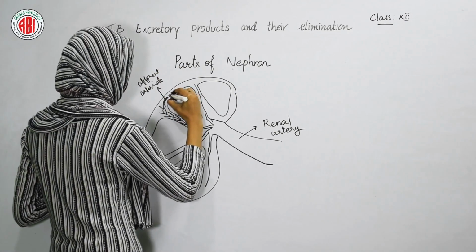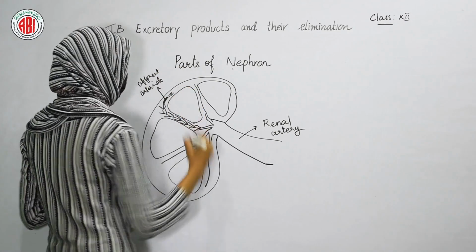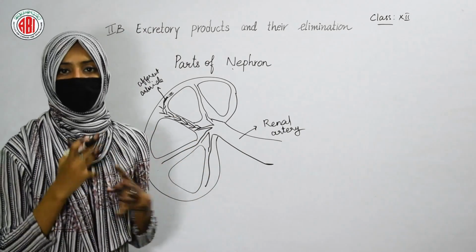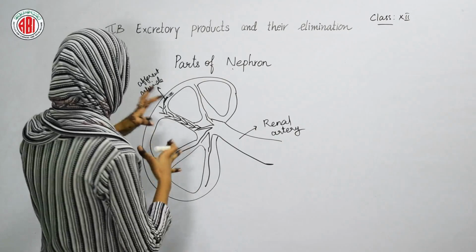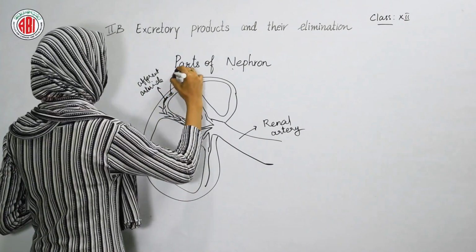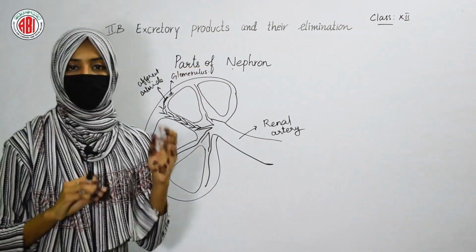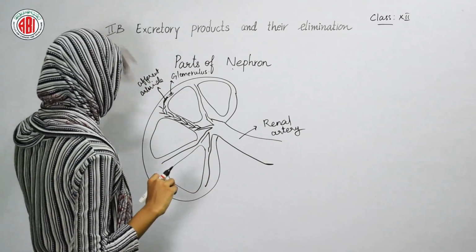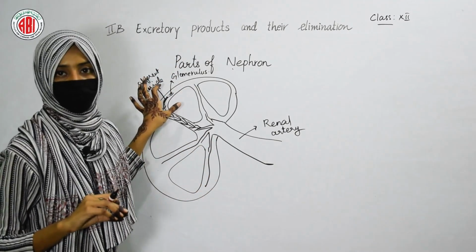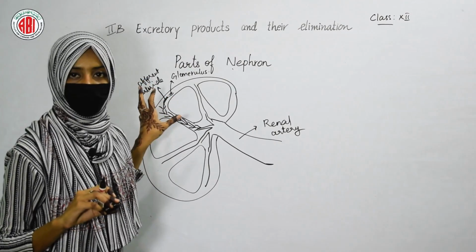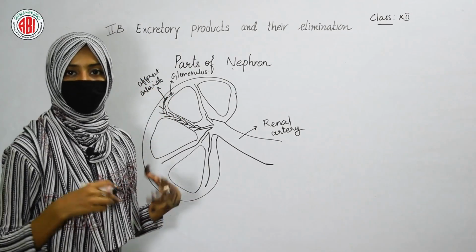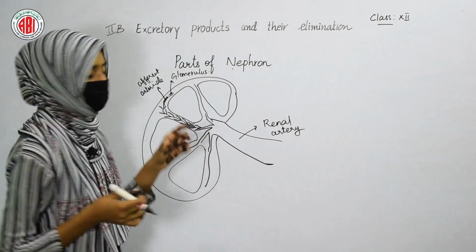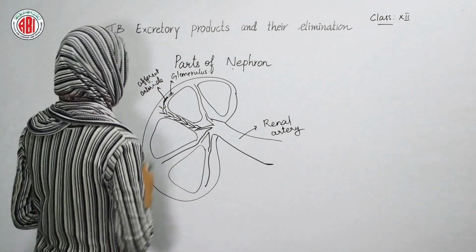Here this efferent arteriole further moves and shows different branches again, and all those arteries join together, which forms a structure called the glomerulus. While explaining the renal tubule, I told you that we'll talk about the glomerulus later. So here the glomerulus is found. In this way, the efferent arteriole moves further and the different arteries join together, which results in the formation of a structure called the glomerulus.